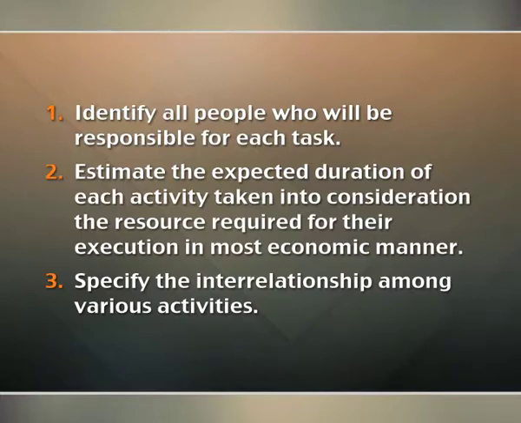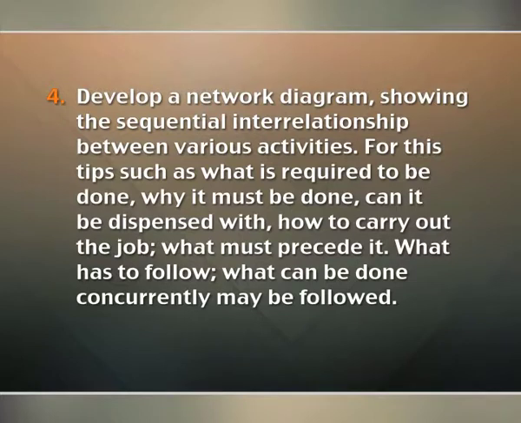Estimate the expected duration of each activity, taking into consideration the resources required for their execution in the most economic manner. Number 3. Specify the interrelationship among various activities. Number 4. Develop a network diagram showing the sequential interrelationship between various activities.